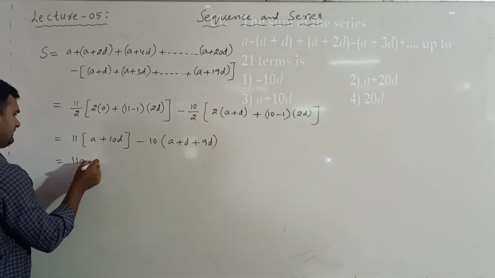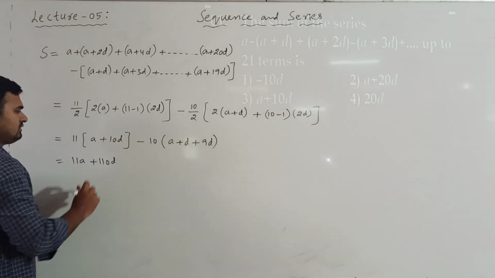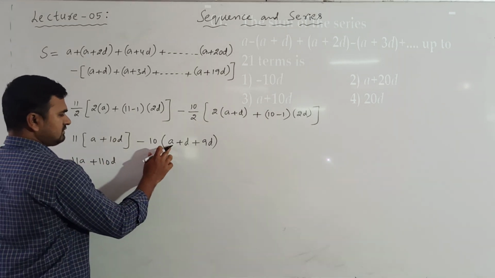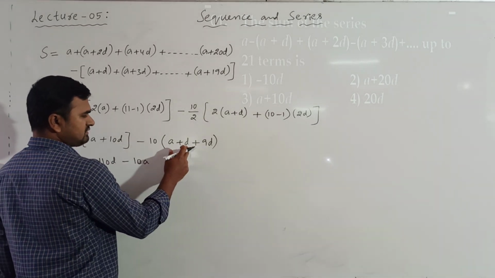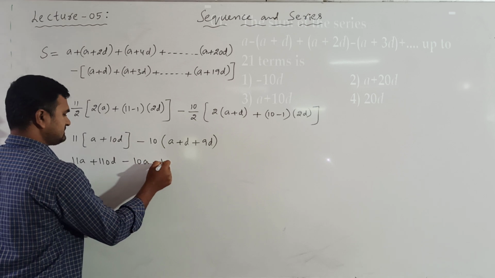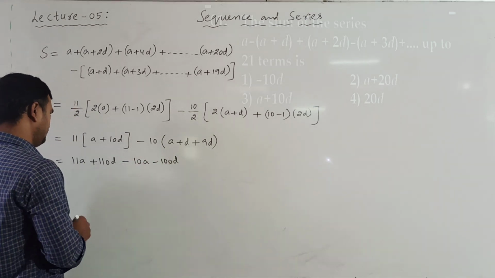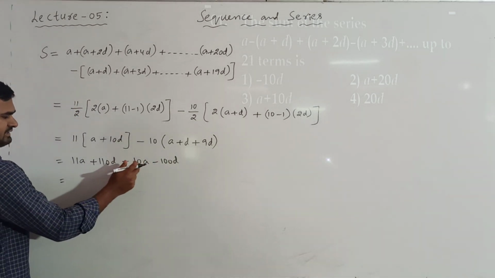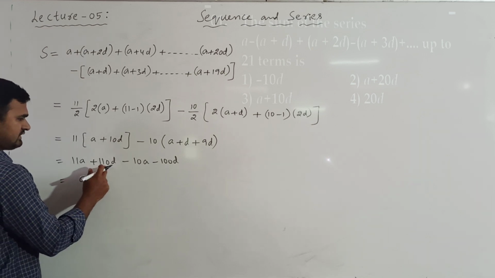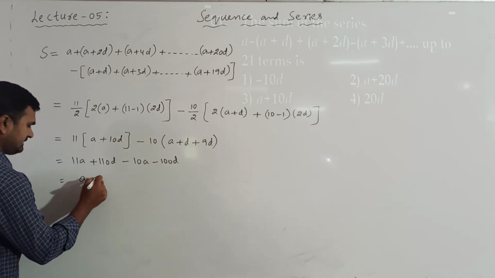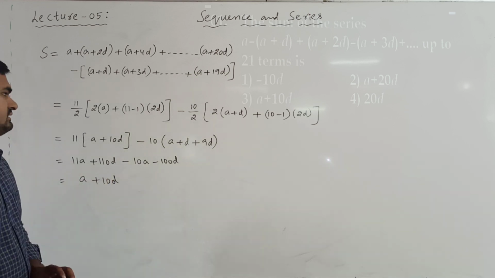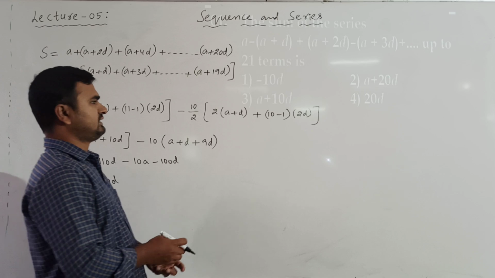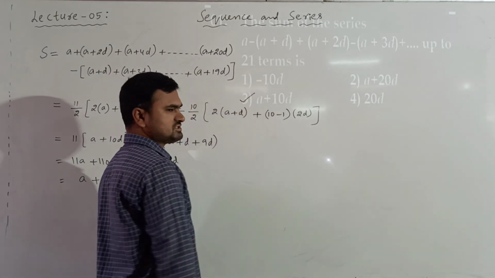So it is 11a plus 110d minus 10a minus 100d. 11a minus 10a is a, 110d minus 100d is 10d. So the required summation is a plus 10d. So the third option will be correct.